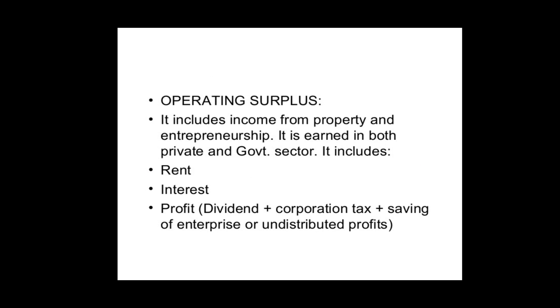This part is also known as the distributed profits. It also includes corporate income tax and undistributed profits, that is, the amount which is left over after paying corporate tax and dividends. So we can also call it the savings of enterprise.